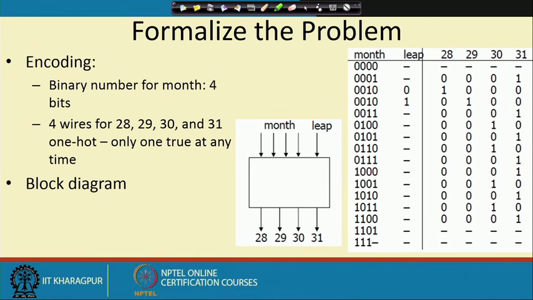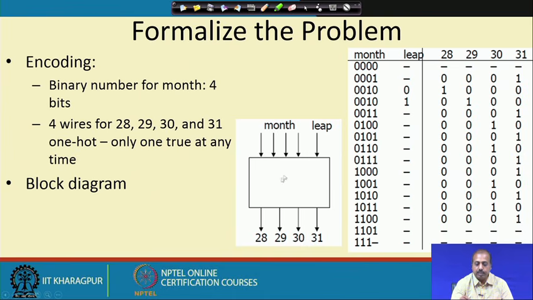Month is a 4 bit input, because there are 12 months, so I need 4 bits for encoding these 12 months. So, 4 month bits are coming, and leap year is a flag, which may be 0 or 1. So, this is the final block that we are designing.